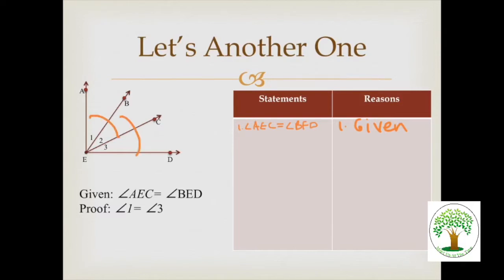All right. I'm going to do this with you and explain why. I'm going to say that angle AEC equals angle 1 plus angle 2. What reason can I say for that one? Addition? What kind of addition? Addition property?